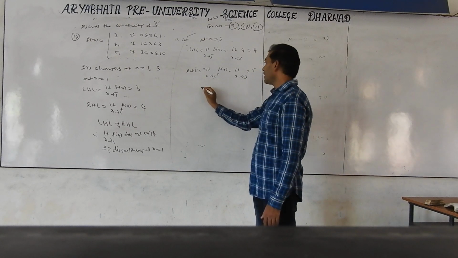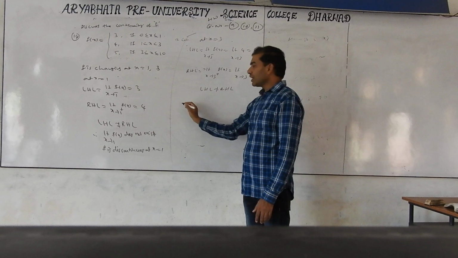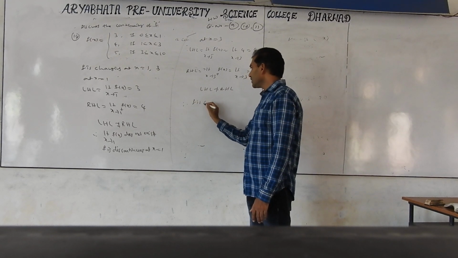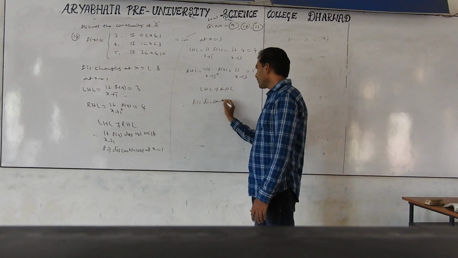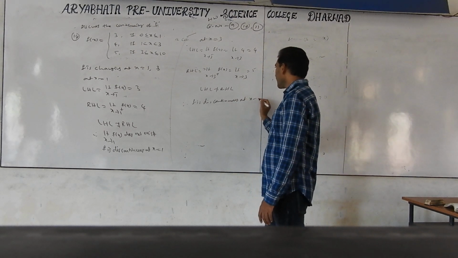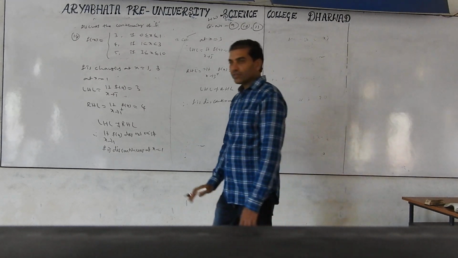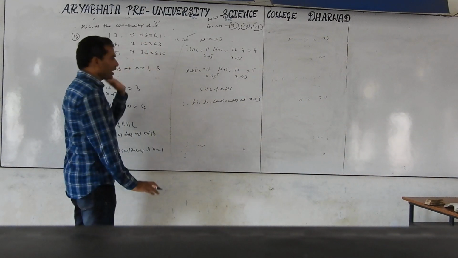So here also left limit is not equal to right limit. Therefore f is discontinuous at x equal to 3. We have discussed the changing points.